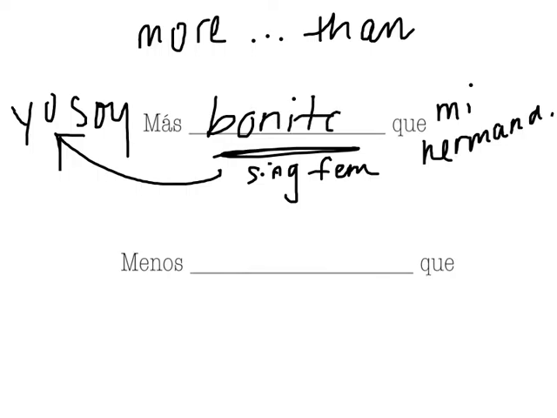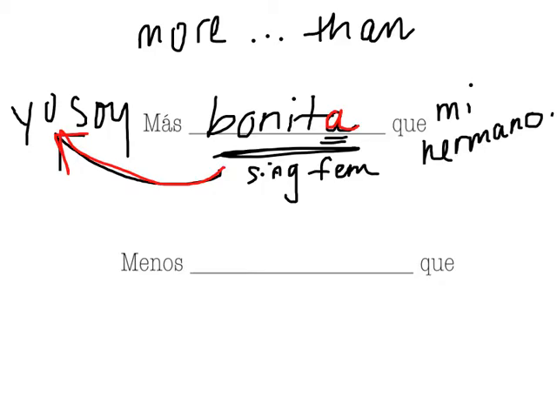And because I am a girl, bonita needs to end in an A. Now you say, okay, but mi hermana is feminine and singular too. Let's change it. Let's say that instead we're talking about mi hermano. Yo soy más bonita que mi hermano. We're still going to use that feminine form because we're talking about me.